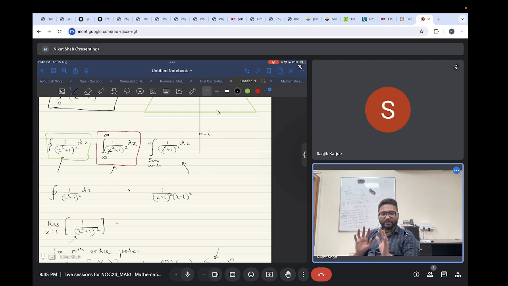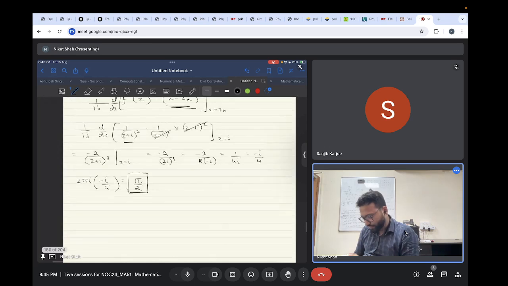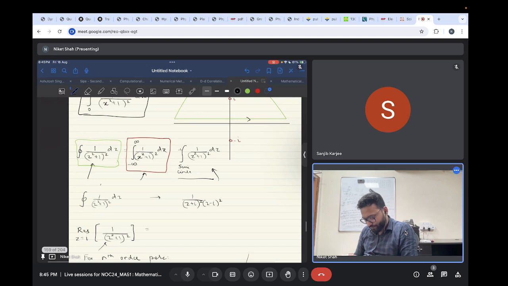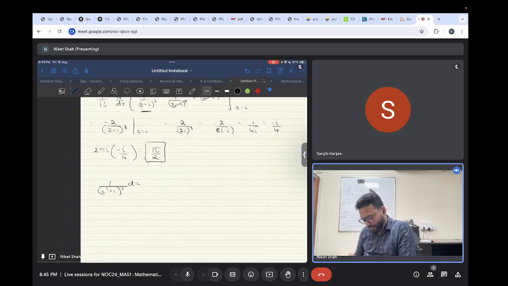Once that is done, we can subtract this value from the value that we obtained, pi by 2, and get the result. So let's do this: 1 divided by z square plus 1 the whole square dz over this entire semi-infinite circle.